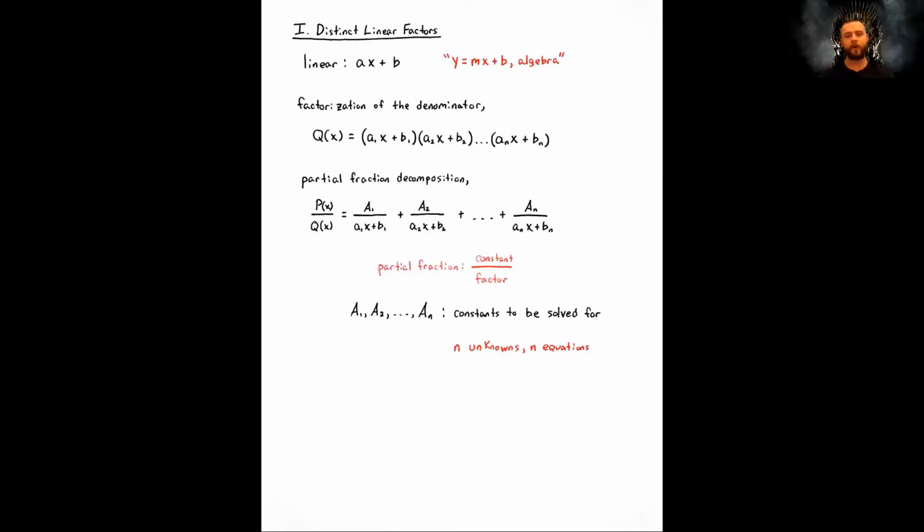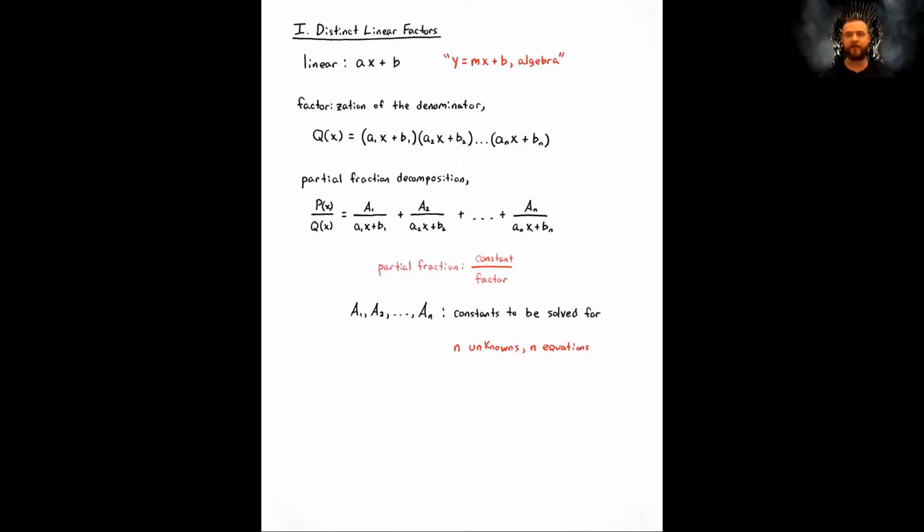All right, now our goal here, keep in mind, the factorization is giving us a1, b1, a2, b2, all the way up to an, bn. Our goal now is to solve for the unknowns, capital A1, capital A2, down to capital A sub n. Now, typically, we're not going to use subscript notations. This is just a general way in mathematics we use to denote an arbitrary finite number of quantities.